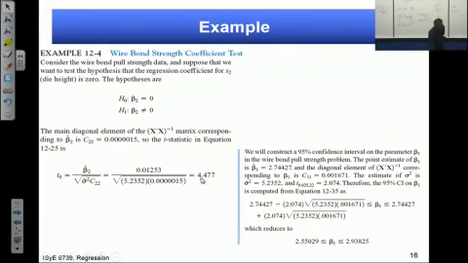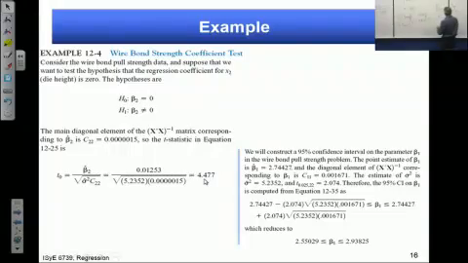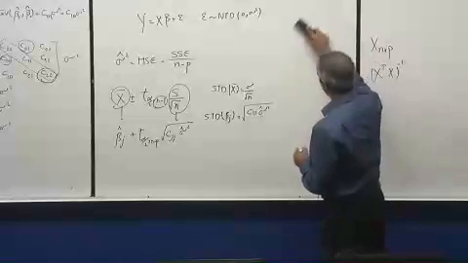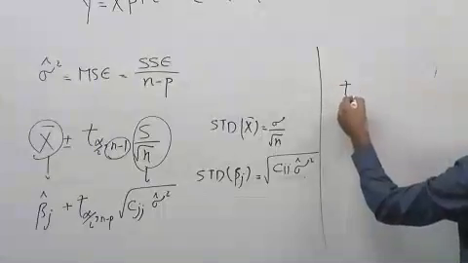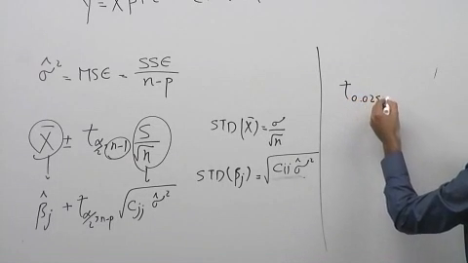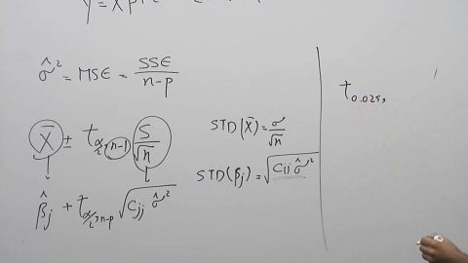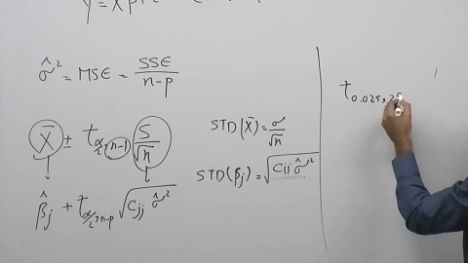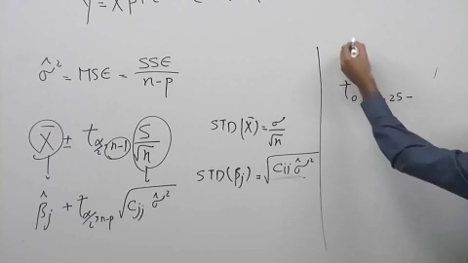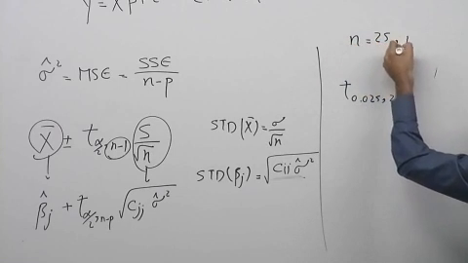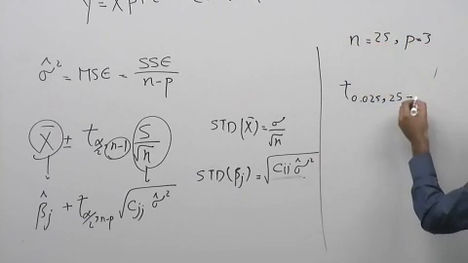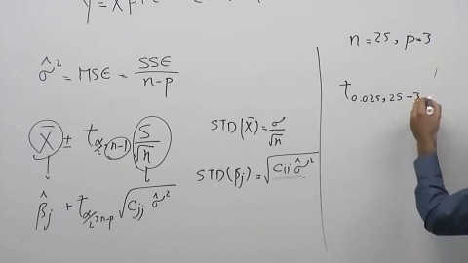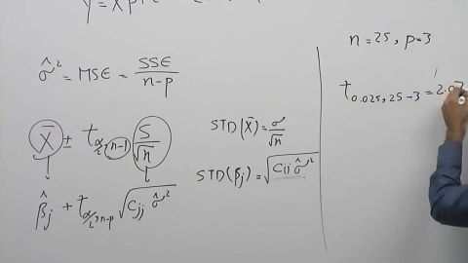You compare this with t of alpha over 2, which is 0.025, and n minus p degrees of freedom. In this case, n is 25, I think, and p is 3, so 25 minus 3, and this is 2.074.